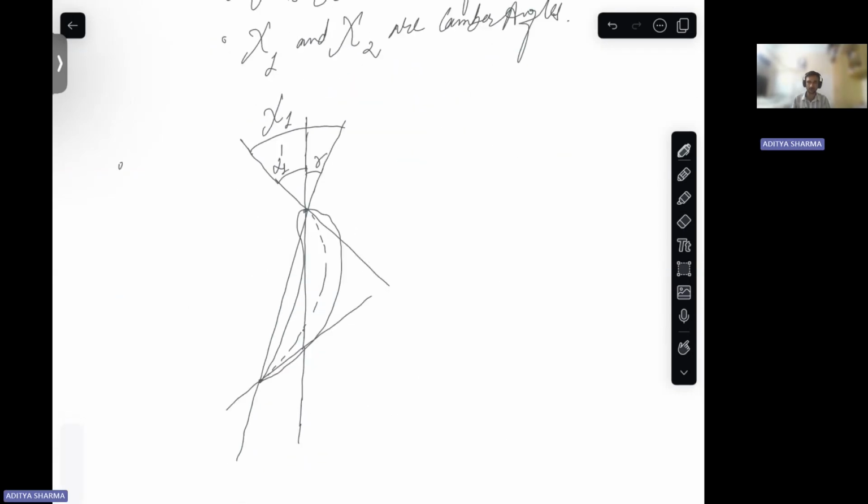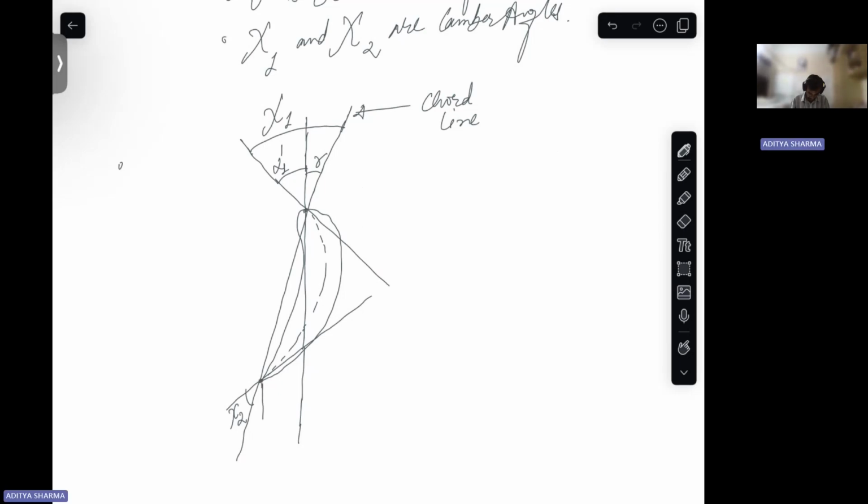Which is clear here in this diagram. Okay. This is your chord line.